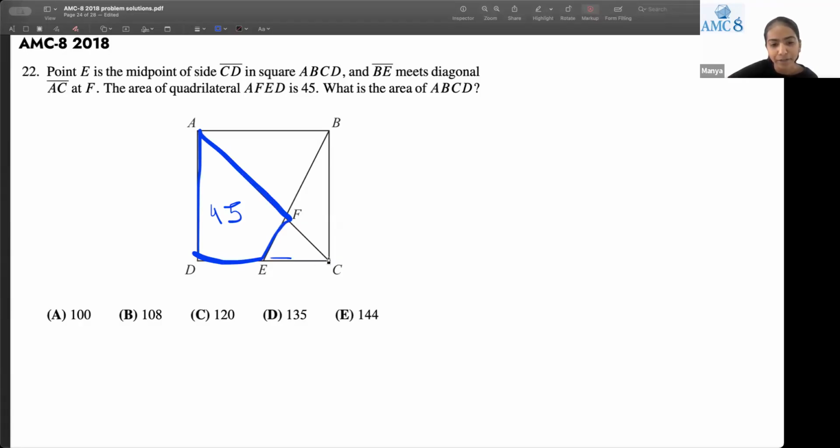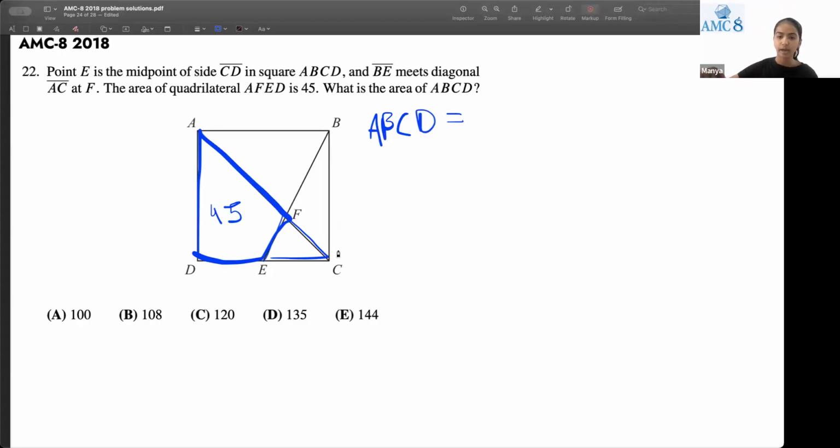And now we need to find the area of EFC. We know that AC divides the square in half.